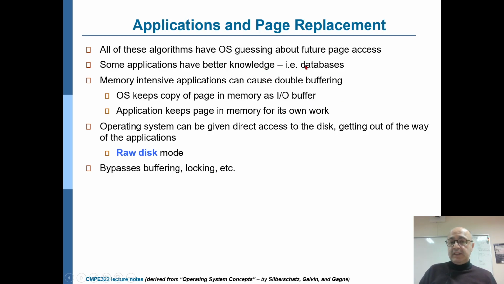That is one case. The other one is that memory intensive applications can cause double buffering. The idea is the following. You want to read something from a file. You first read into kernel space. Then from the kernel space, it's copied into the user space.